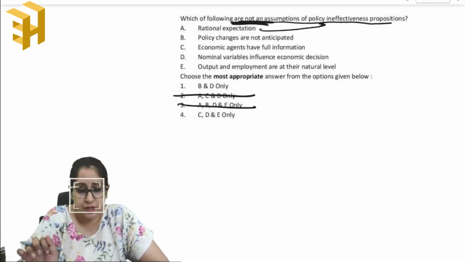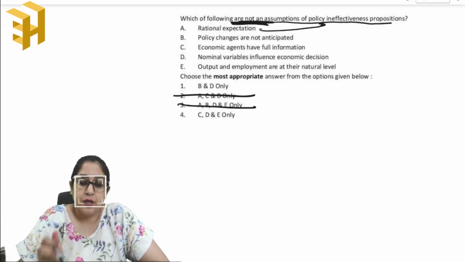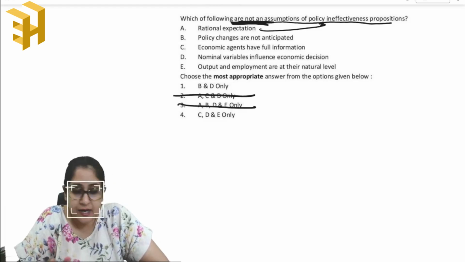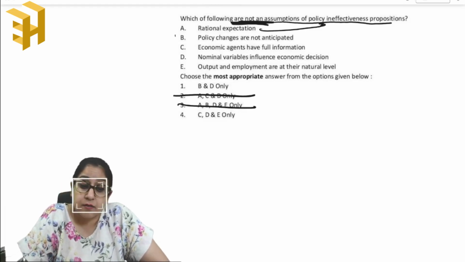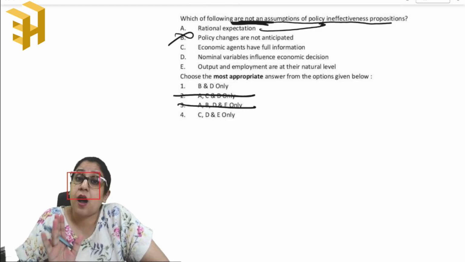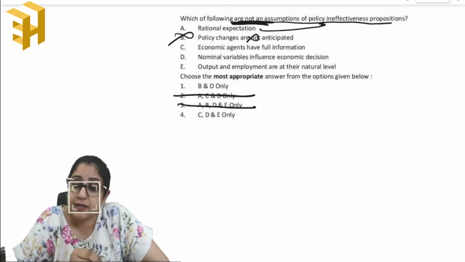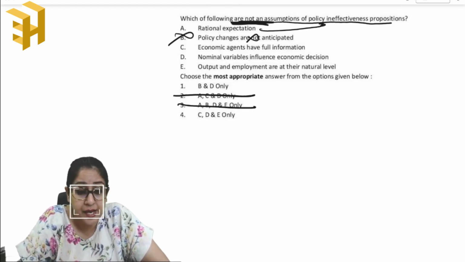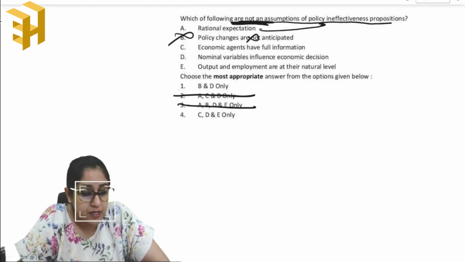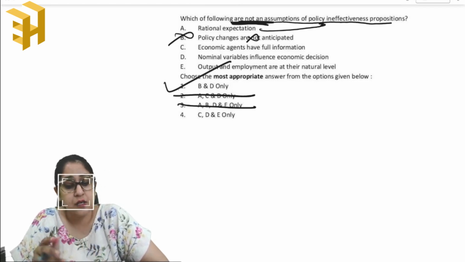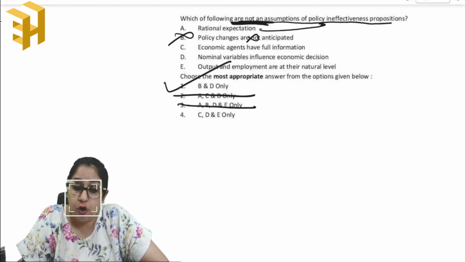Please remember this. Then, policy changes are not anticipated? Wrong. Policy changes are anticipated in the case of policy ineffectiveness. So B has to be there. So with this we come to option 1 as the correct answer.